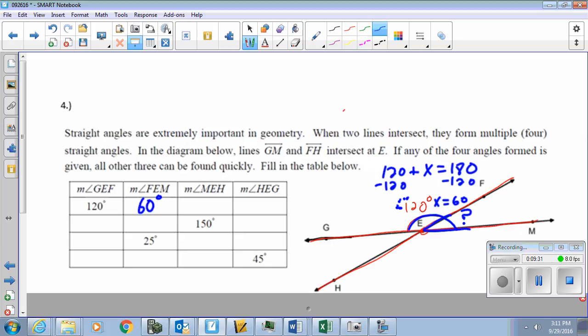Okay, now what's MEH? MEH is here. Okay, again, when you have two lines that cross, you have 4 multiple straight angles, but you also have two pairs of vertical angles.